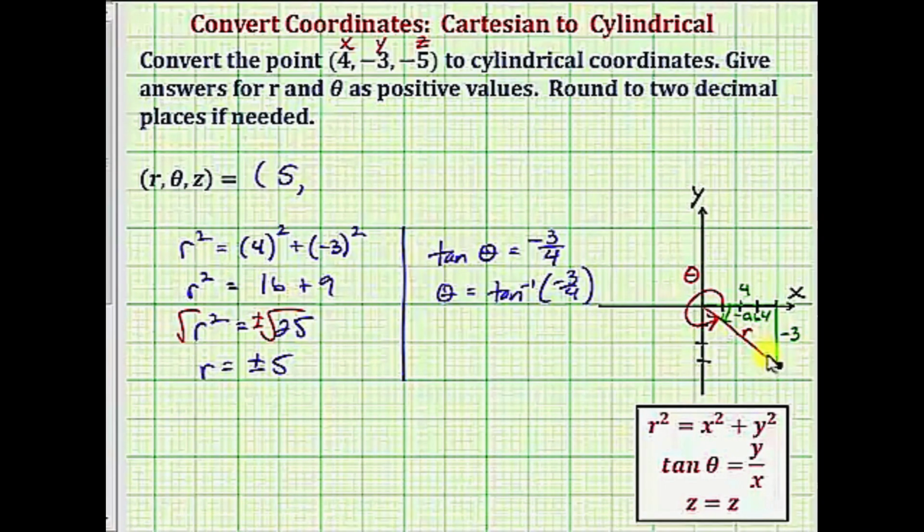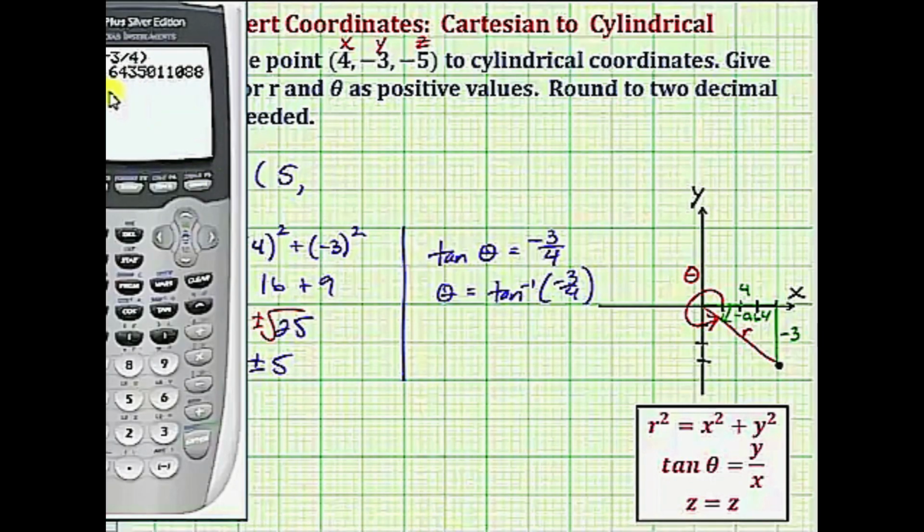Our angle is coterminal to this, and therefore we can take this angle here and add 2 pi radians to find the least positive angle for angle theta. And since we already have this value in the calculator, we can press plus 2 pi, enter. So the angle theta pictured here in red would be approximately 5.64 radians.